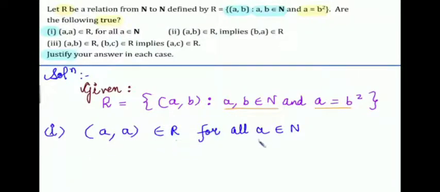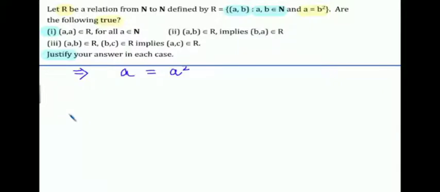So the first statement is (a, a) belongs to R for all a belongs to N. Here (a, b), where a is equal to b square, so a is equal to a square, or a minus a square is equal to 0.